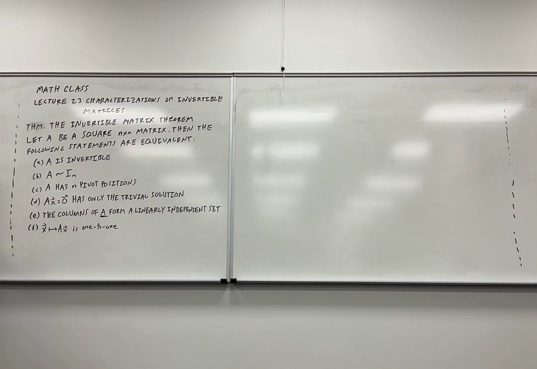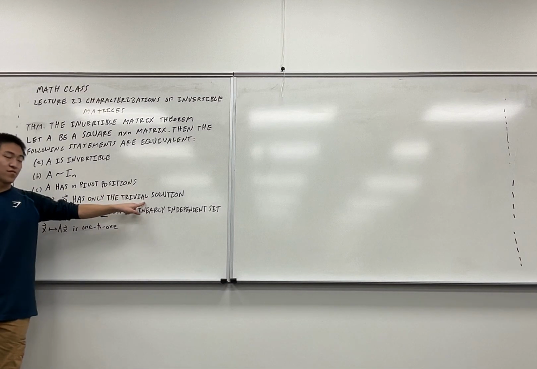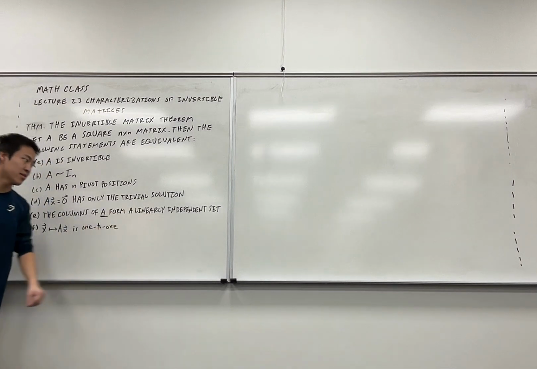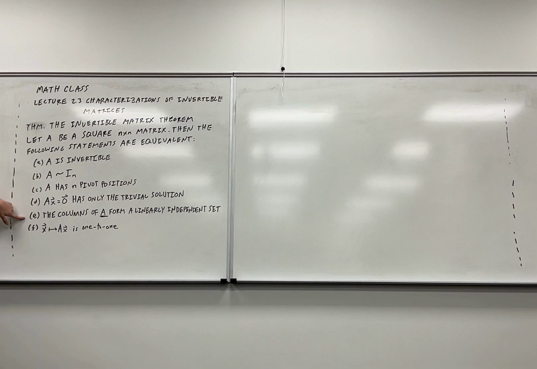So what made a set of vectors linearly independent was that if I organize them into this homogeneous equation, the only solution I'm getting is the trivial solution. That was the qualification that definitionally made it linearly independent. So when we talk about linearly independent, you could really think of E as rephrasing D with different terminology.